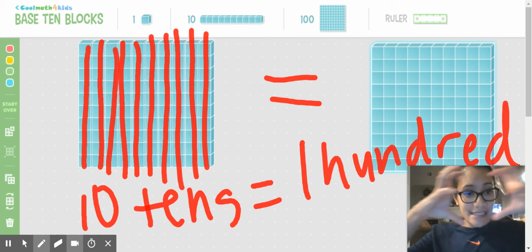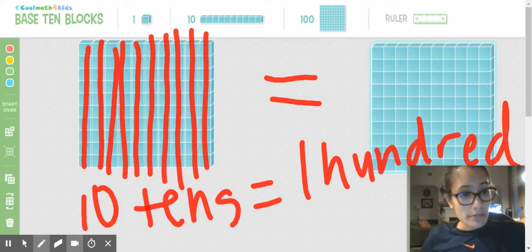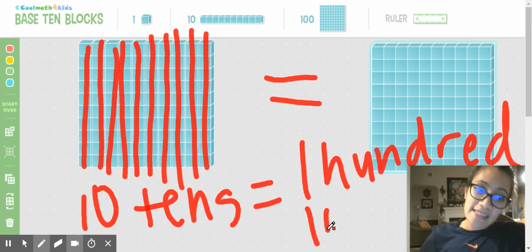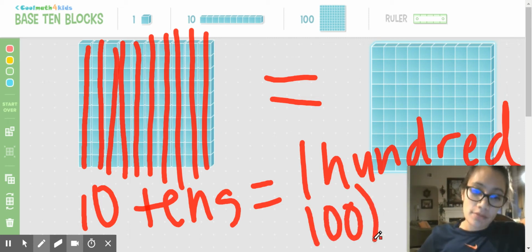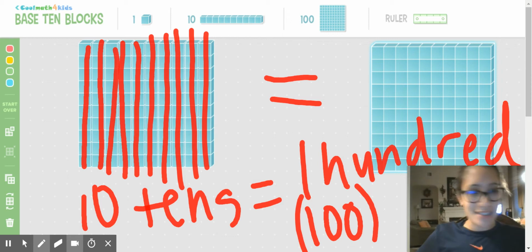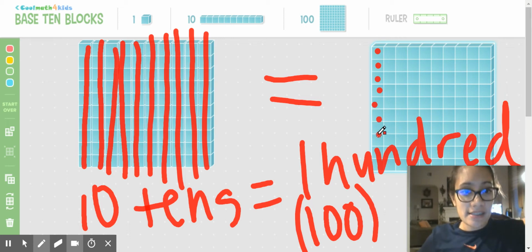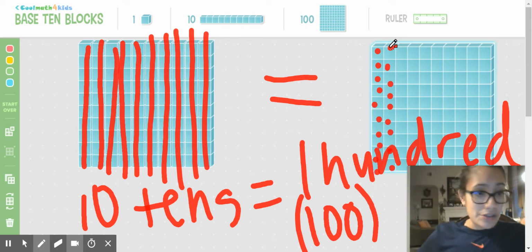If you had to expand it out, well, 100 is simply 1, 0, 0. 100. And if you actually count every single one, which I'm not going to do, you are going to figure out that there are 100 ones or 100 units that equals this flat.